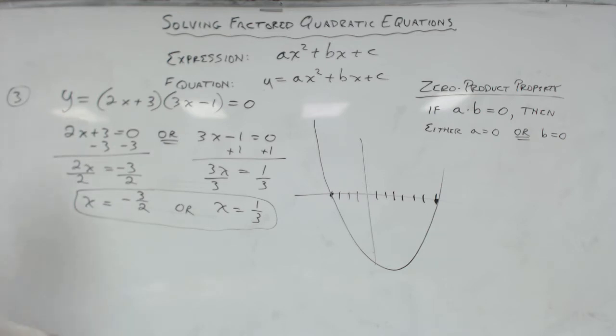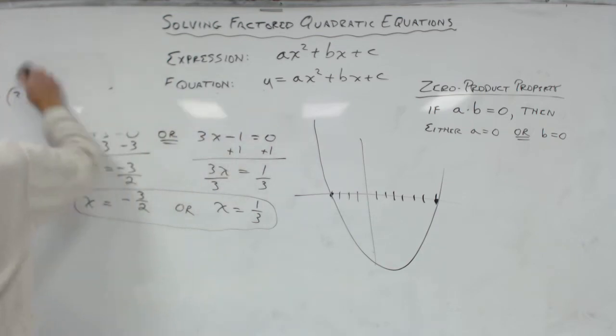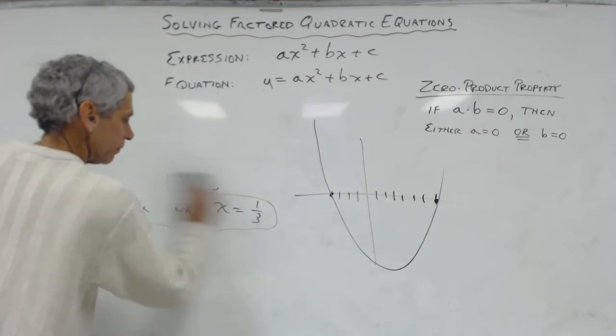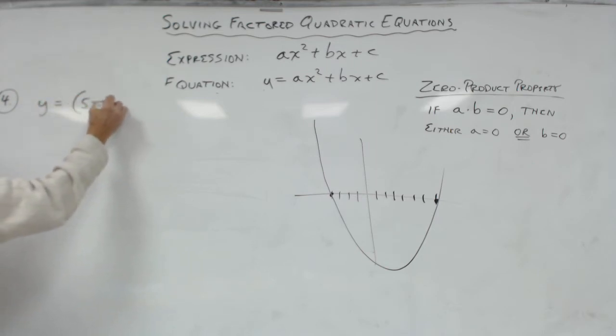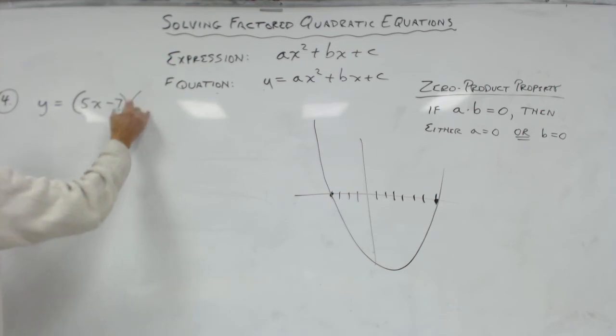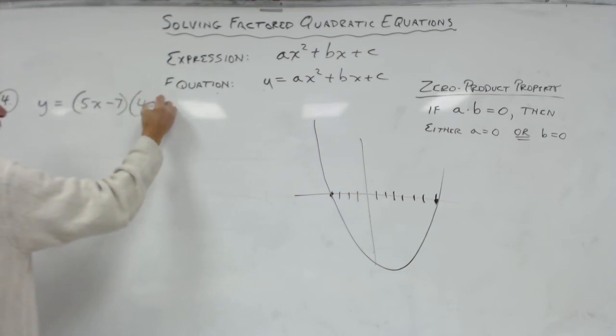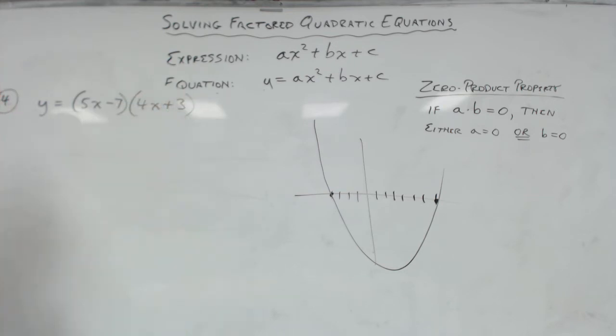Let's do one more just to be safe. Let's say we do 4. So y is equal to 5x minus 7 times 4x plus 3.